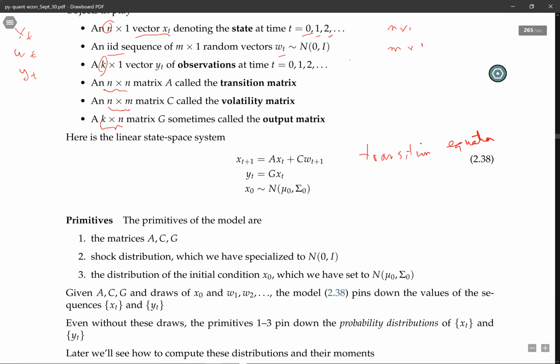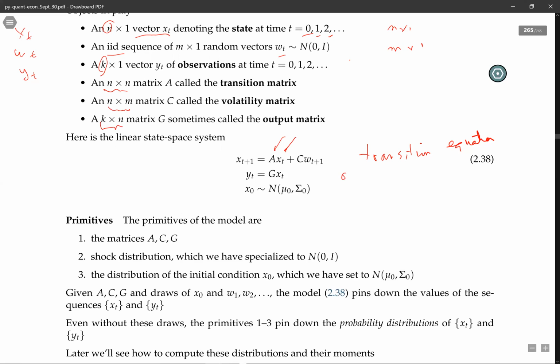And what it says is next period's state is equal to the matrix A times this period's state plus the matrix C times the vector of shocks. That's it. And we've arranged things so that the multiplication of A and x is legitimate. We've made the matrices conform to the vectors, and you can check that out.